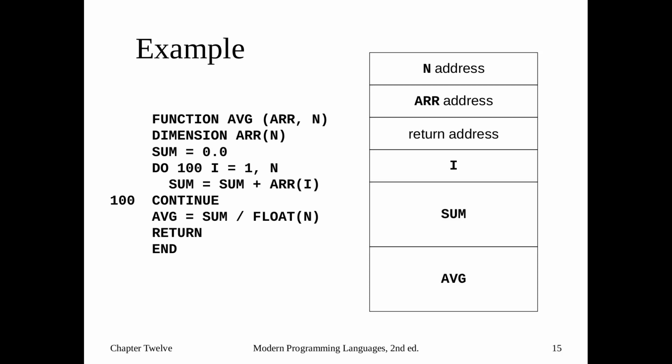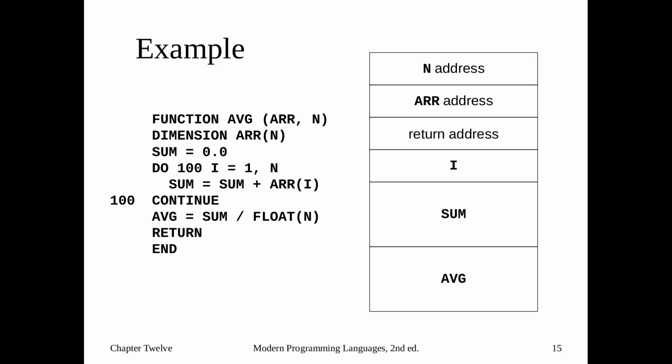Then we loop I from 1 to n, updating the sum by adding the value of sum plus array at index I, continuing as we need until we reach n. Then we find the average by dividing the sum by the float version of n, and then we return the value of that from the function.